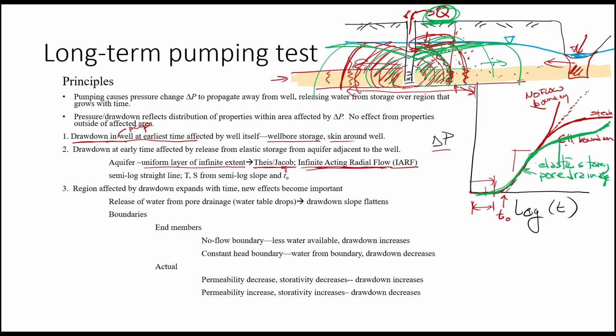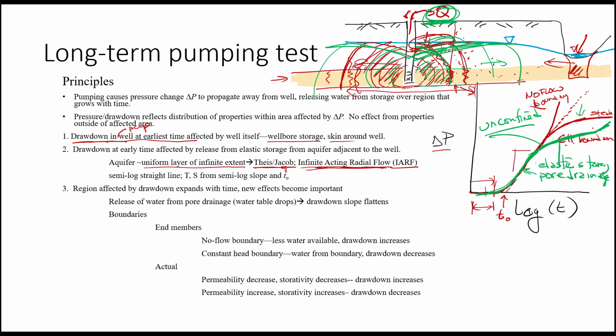So this would be a case where we would have an unconfined aquifer. Okay, and one thing that we see is that in both the unconfined case and this curve here that represents the pumping test that interacts with a constant head boundary, we have a flattening out of the slope.